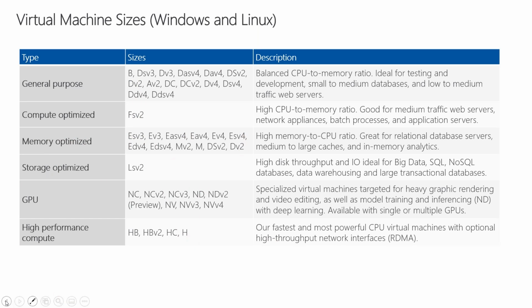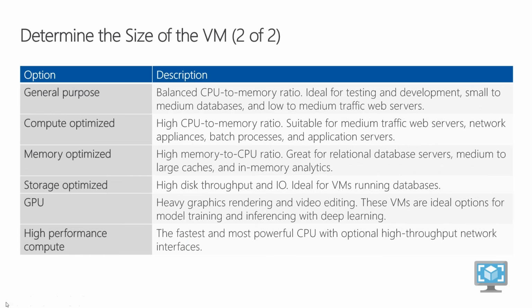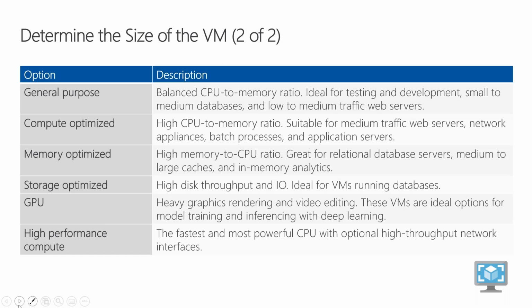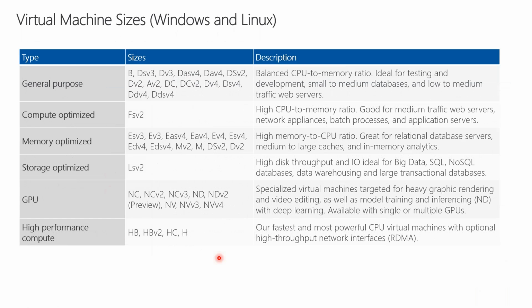Basically, what we are doing is categorizing by RAM, processing power and storage capacity, as units: for normal servers, for high computing servers, for high RAM intensive applications, then storage intensive, and if you need graphical or high performance compute applications, we categorize like that and put some sizes.